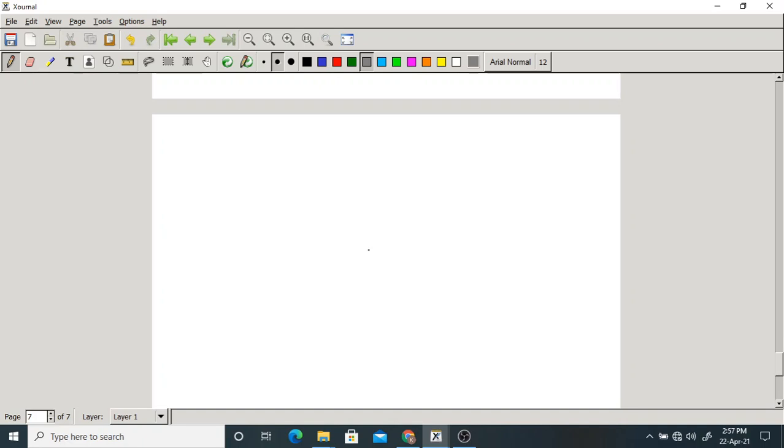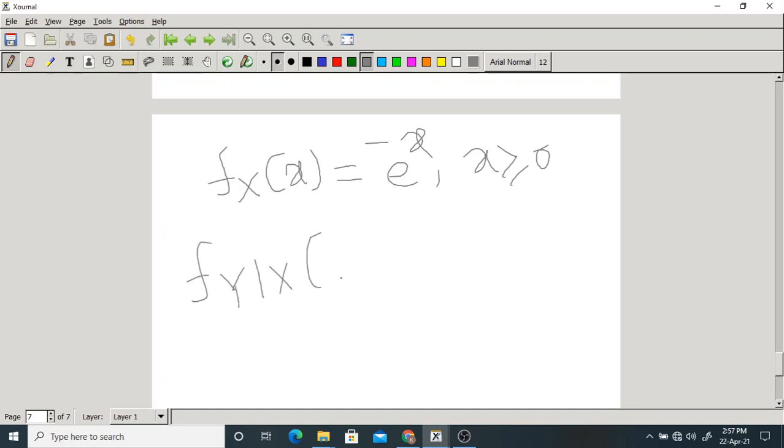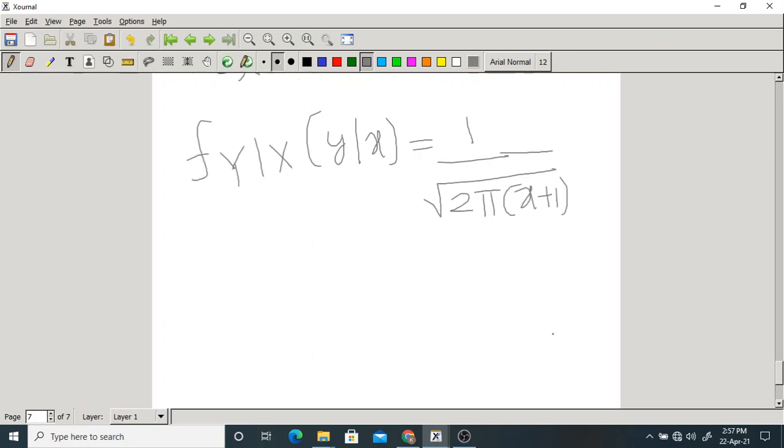So here we have two types of PDFs. First of all, we have f_X of x, which is e power minus x for x greater than or equal to 0. Next we have f of y given x of y given x, which is equal to 1 by root 2 pi into x plus 1 into e power minus y square by 2 into x plus 1.